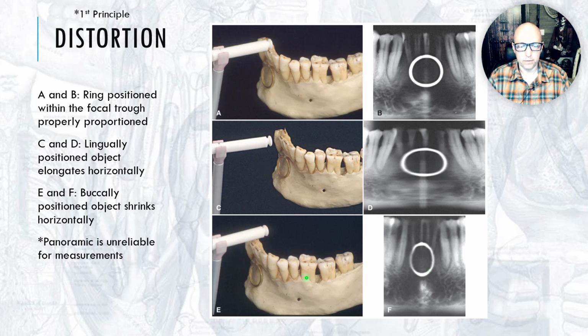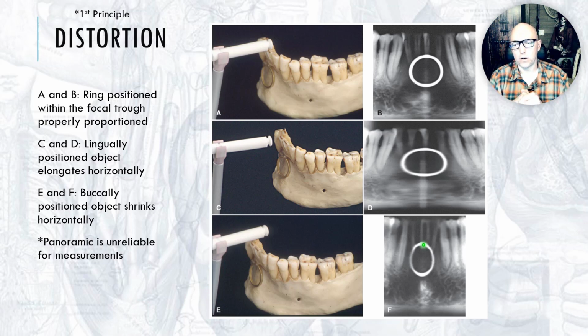E and F now, where are they biting? Too far forward. That's when you put your patient in there, maybe didn't use the bite notch correctly, the patient's biting way far in front of it. And what happens, remember we said it's exaggerated in a horizontal direction. And in this case, because a panoramic is just calibrated to keep things properly proportioned when it's in the focal trough, if something's too far forward, it can actually shrink.